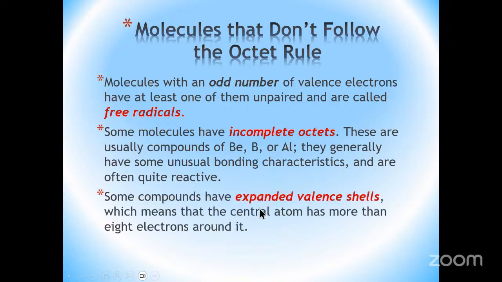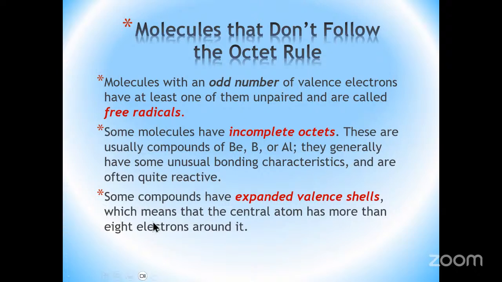And then we have some compounds that can have more than 8 electrons on their outer shell because they have what is called expanded valence shells, right? That will take place in certain situations where the elements are from period 3 and below in the periodic table, 3, 4, 5, 6, and so on.